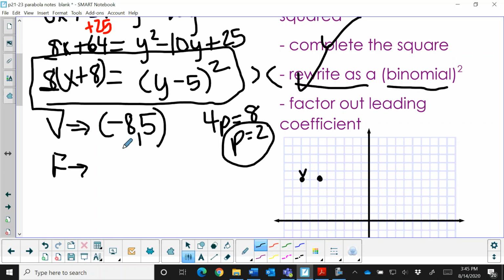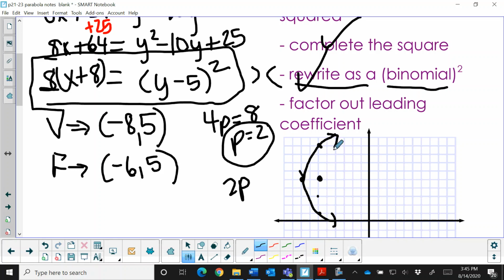My focus is now at negative 6, 5. And then from the focus, I'm going to draw my 2 points, going 2p in each direction, up and down. So up 2p, 1, 2, 3, 4, another 2p, and there is my parabola.